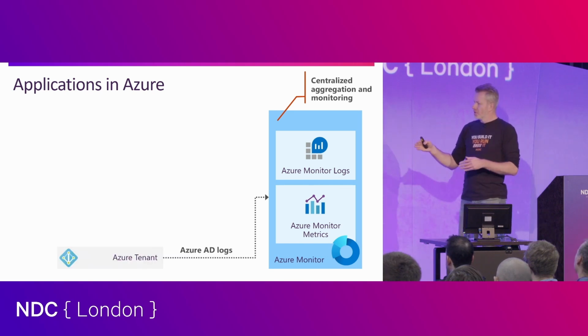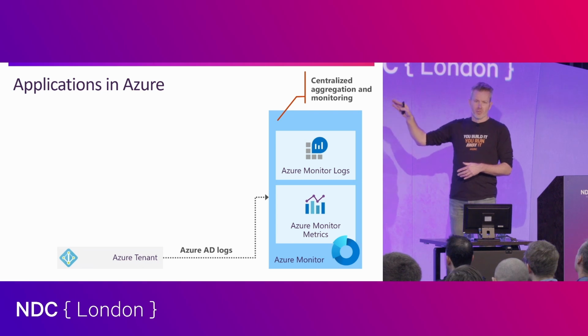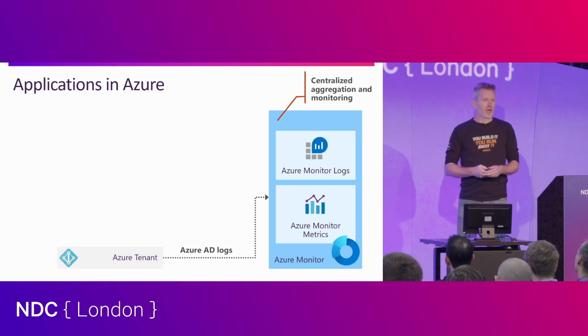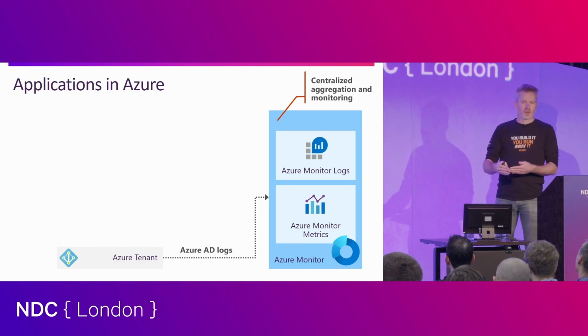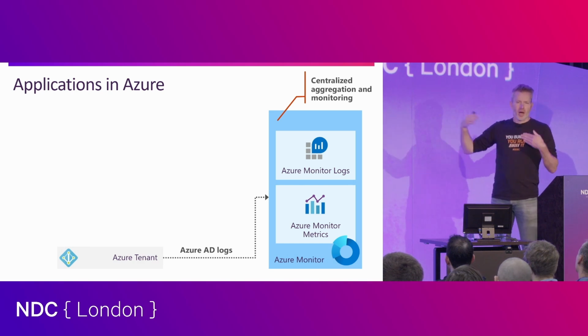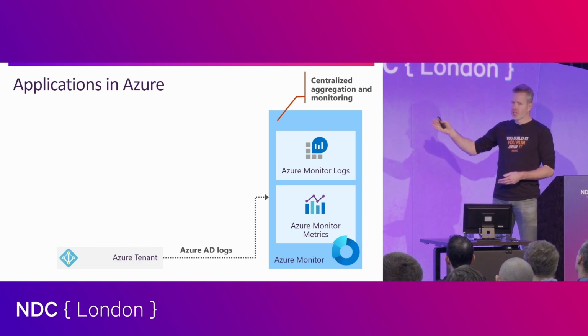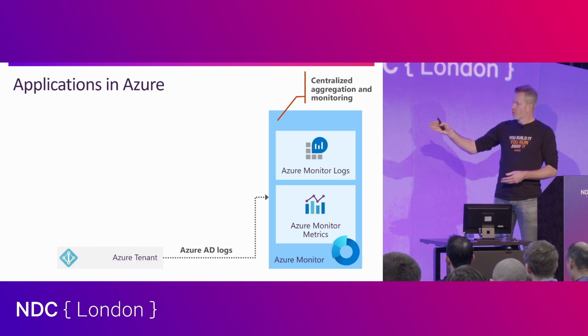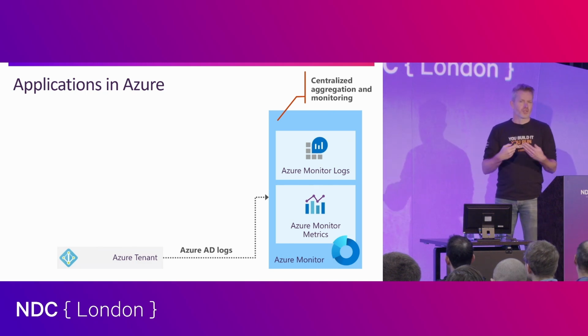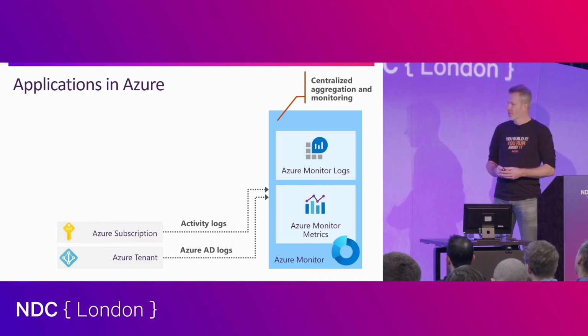Now, the good thing is if you have a homogeneous environment with a lot of Azure elements in there, you'll get a lot of things from Azure for free, because it also outputs all the information to this location, to these resources. So for example, your Azure Active Directory, any interaction there, audit stuff, will be logged there. So you can find all the interactions with Azure AD there.